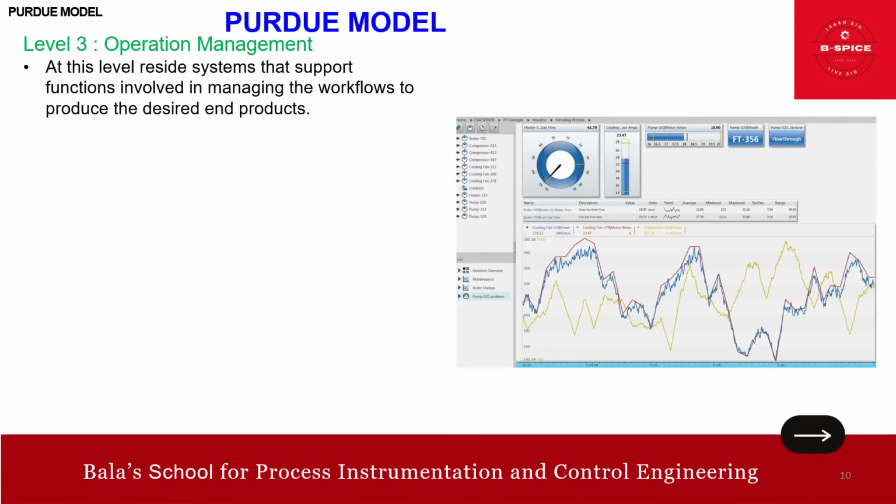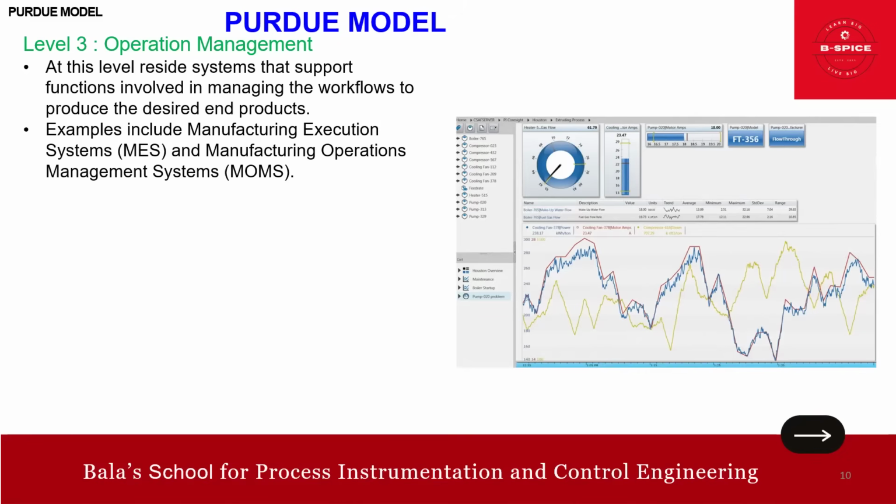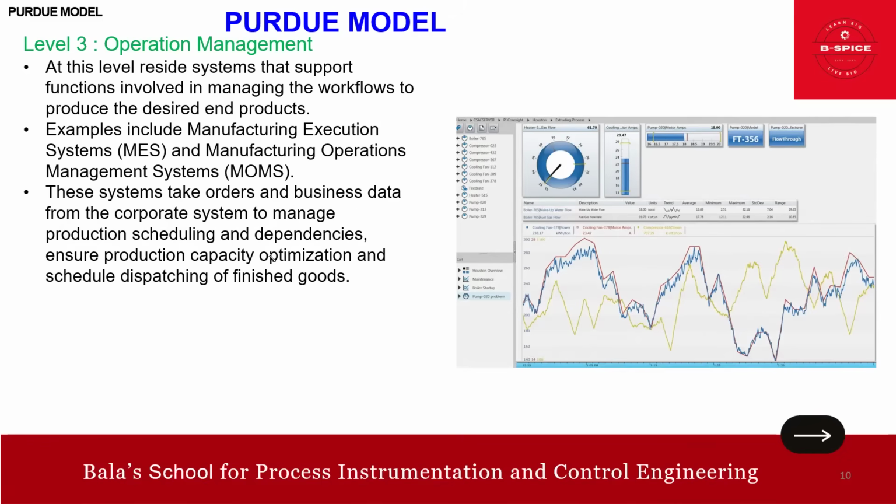Examples include the manufacturing execution system, we call it MES, and also the manufacturing operation management system, we call it MOMS. These systems take orders and business data from the corporate system to manage production scheduling, dependencies, ensure production capacity optimization, and scheduling dispatching of finished goods.